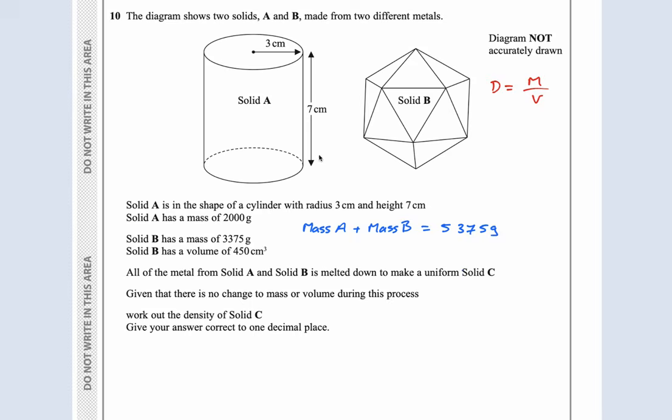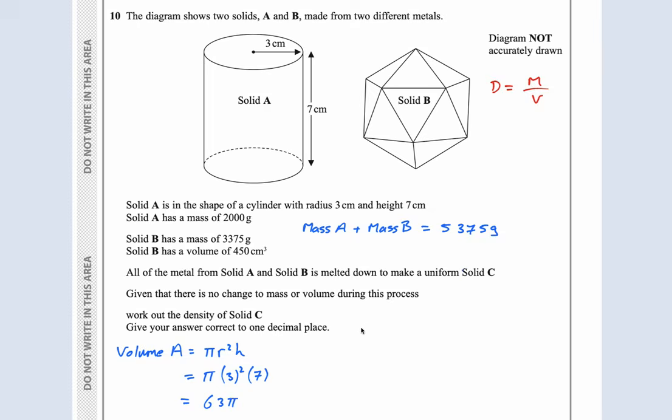The volume now, we have the volume of this, but we need the volume of A, so let's do volume of shape A. Now this is a cylinder. We know, guys, the volume of a cylinder is pi r squared h, which is pi times 3 squared times 7. You can actually just leave this in terms of pi, guys. 3 squared is 9 times 7 is 63, so it's 63 pi.